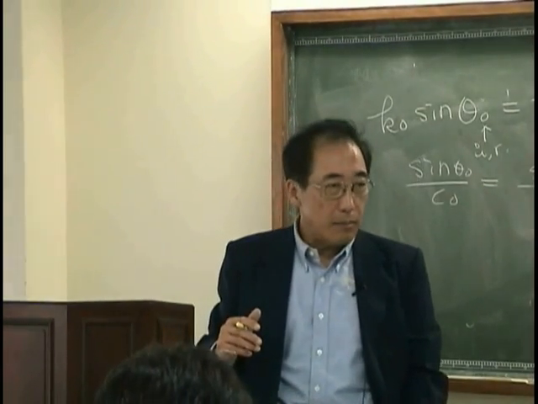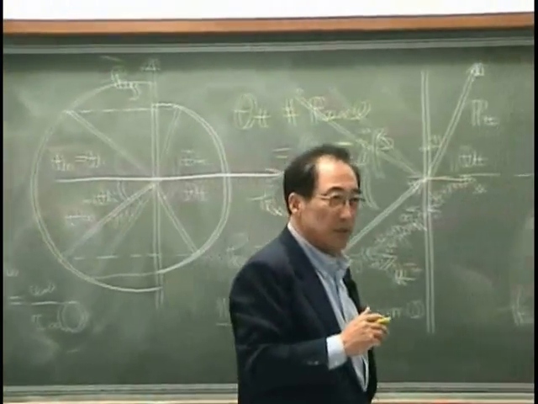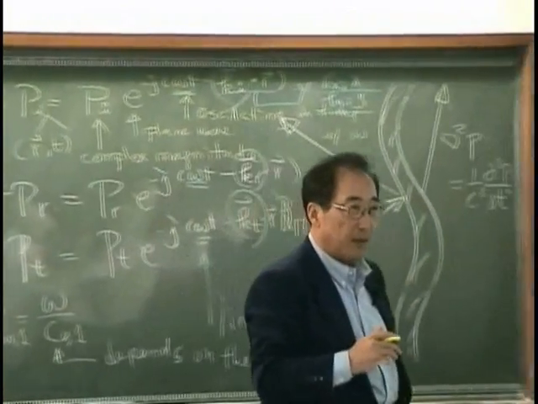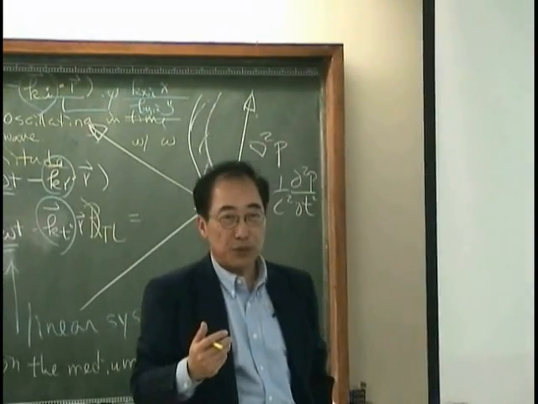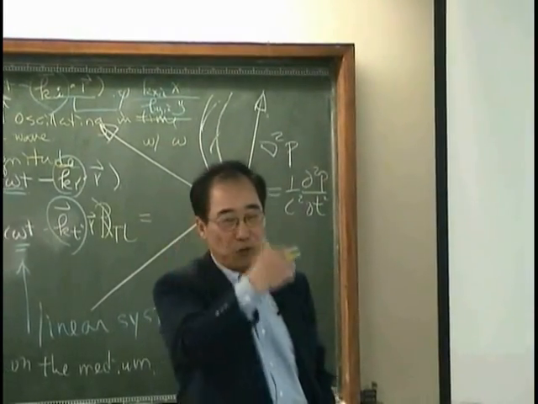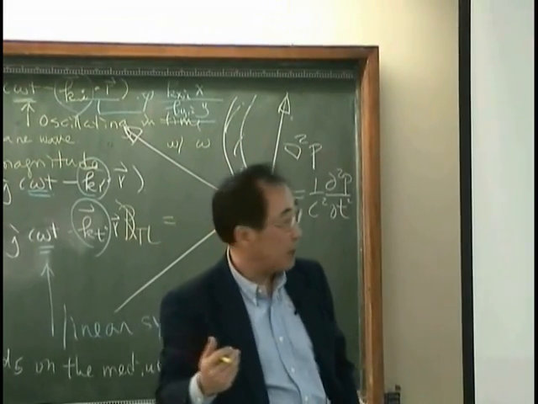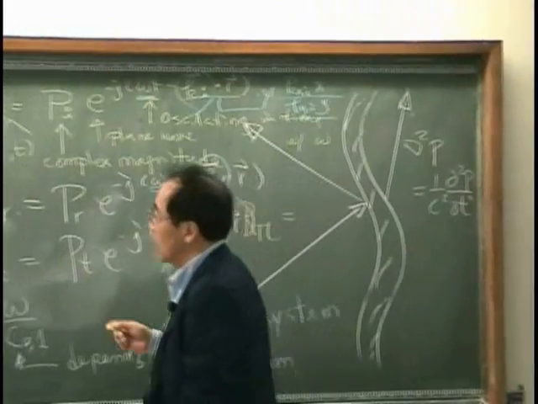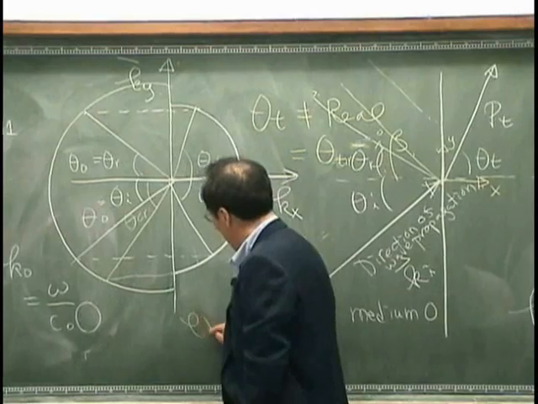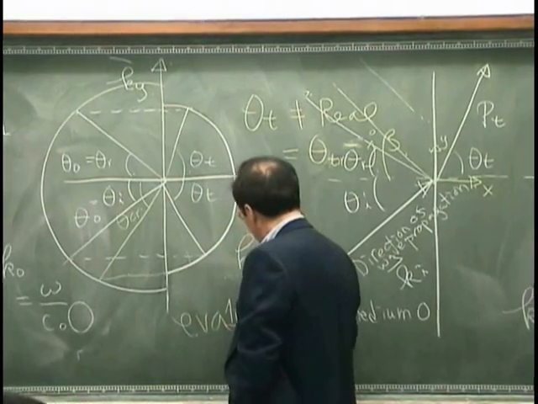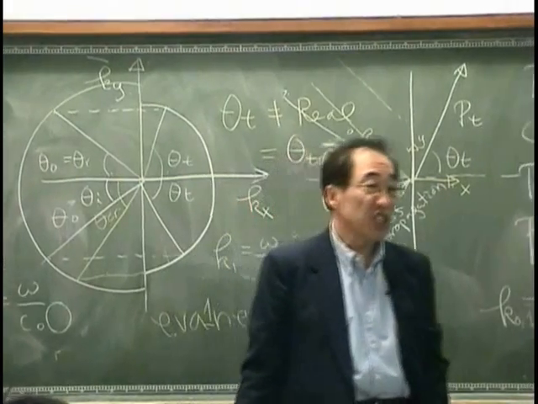Maybe I make some coating in the room, and that coating absorbs all the sound energy, because the wave is propagating in the y direction and decaying in the x direction. That we call an evanescent wave. In this region, we have an evanescent wave, in other words, an exponentially decaying wave.